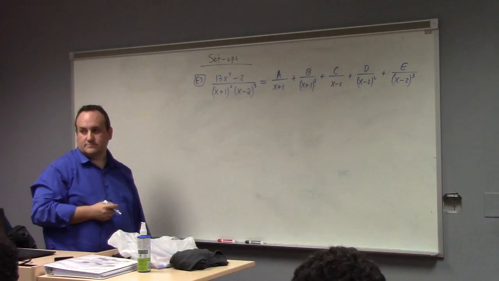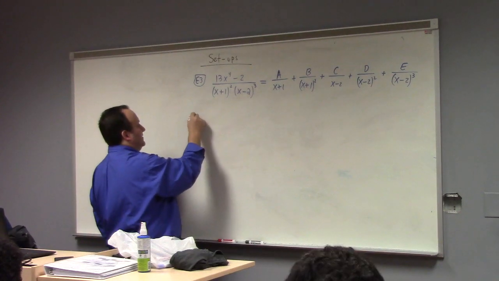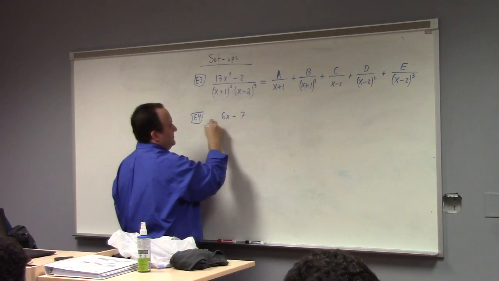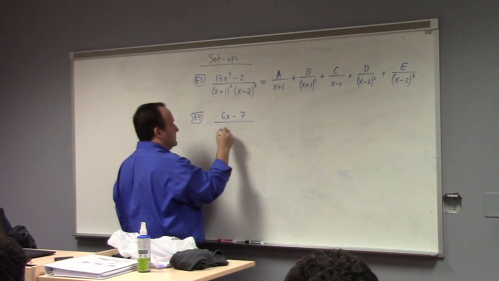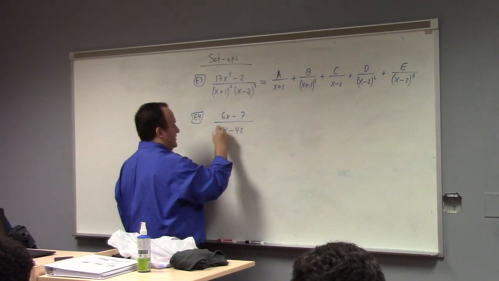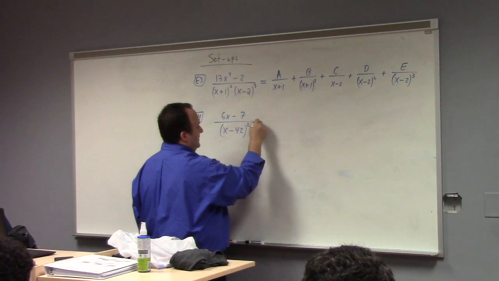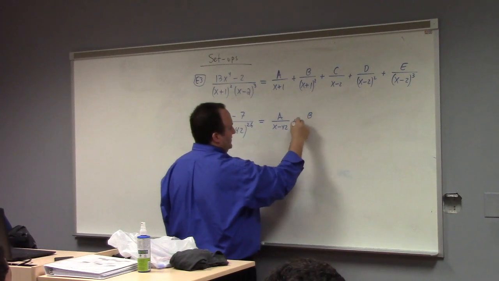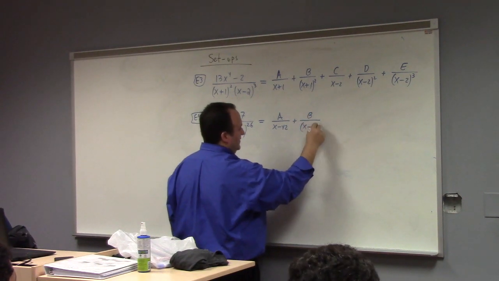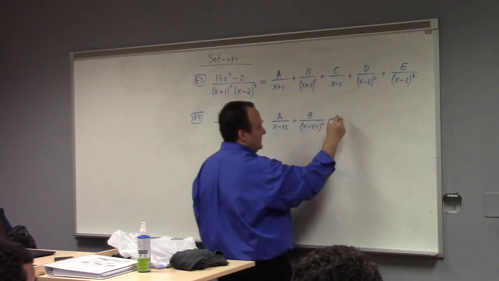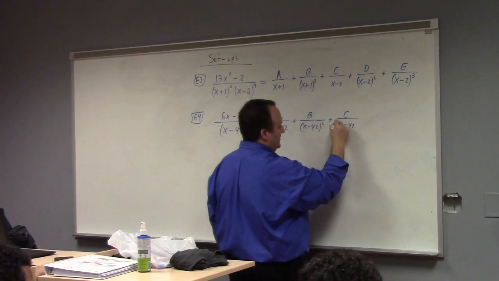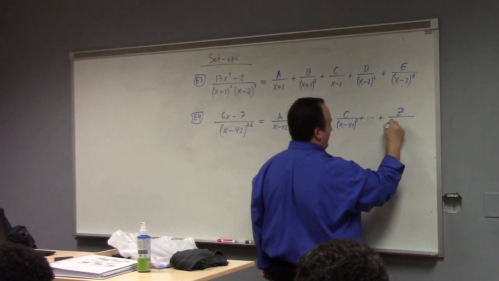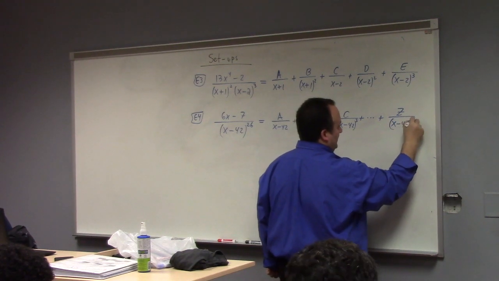Example 4. If we had 6x minus 7 divided by, oh, I don't know, x minus 42 to the 26th power, then that would be A over x minus 42 plus B over x minus 42 squared plus C over x minus 42 cubed, and so on, up to Z over x minus 42 to the 26th power.